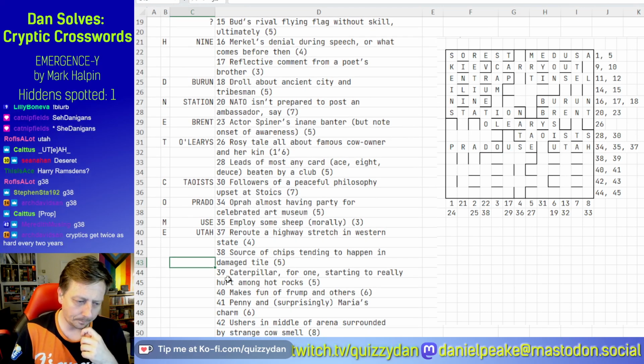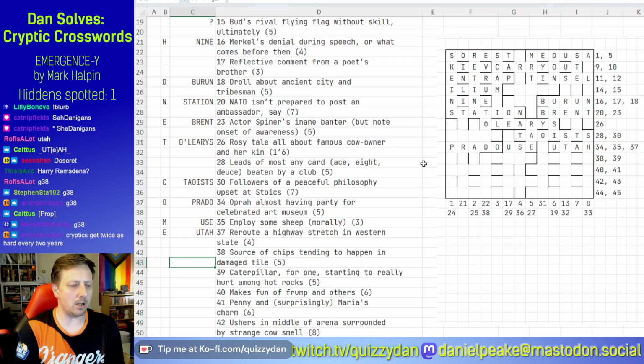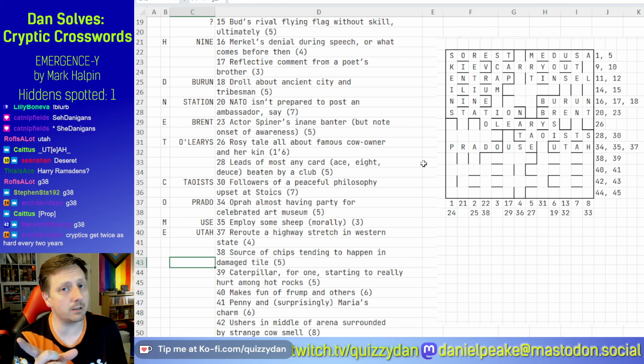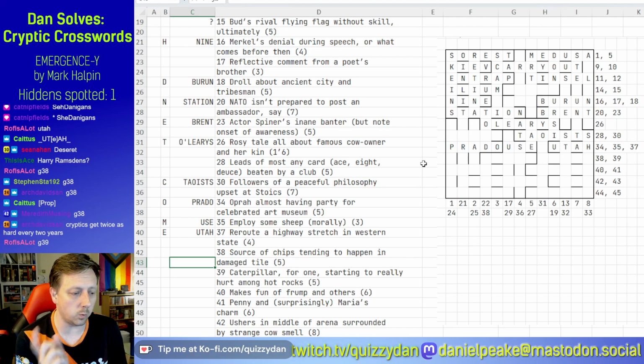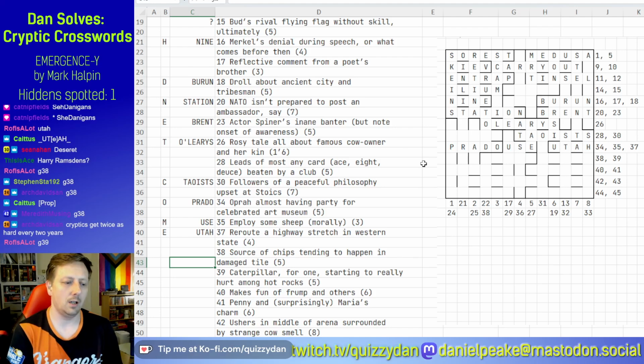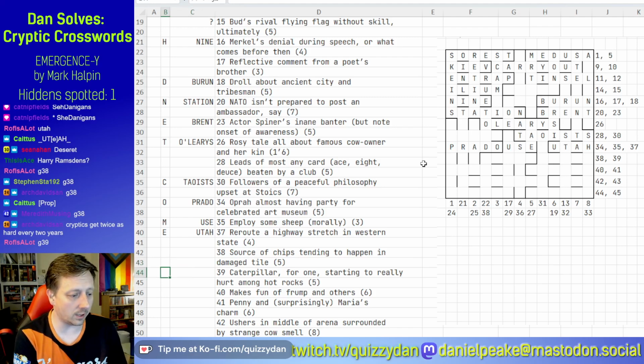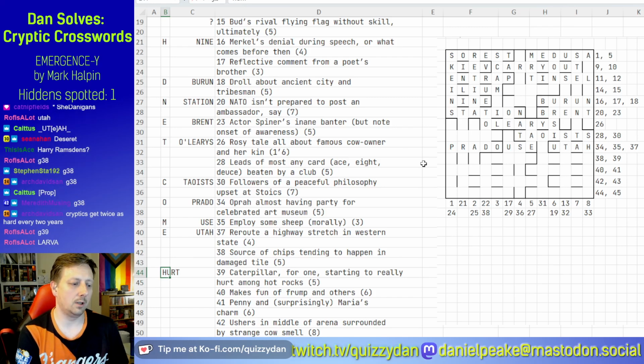Caterpillar for one. Starting to really hurt among hot rocks. Yes. Here we go. You're not going to be getting rid of a letter in this one. You're going to be getting rid of a word. Go for 39, Ruffle, and anyone else who has it. So the definition is caterpillar for one. We're going to get rid of the word hurt.